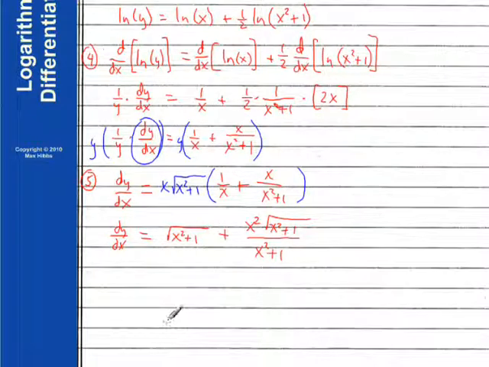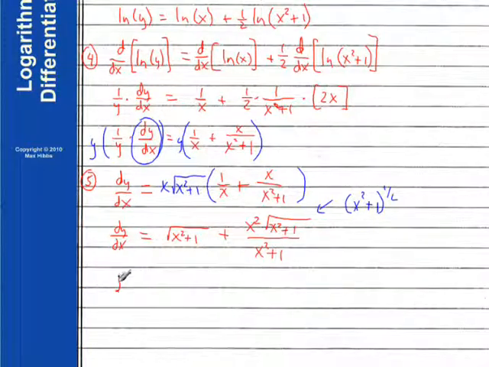We'd probably take this a step further, because here's one more thing we can do algebraically. We can think of this square root as x squared plus 1 to the power 1/2. And so we have a power of 1/2 on top and a power of 1 on bottom. As we simplify that, we'd end up with a power of 1/2 on bottom. So let's write that in here.